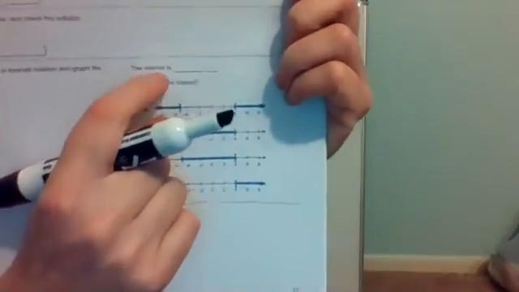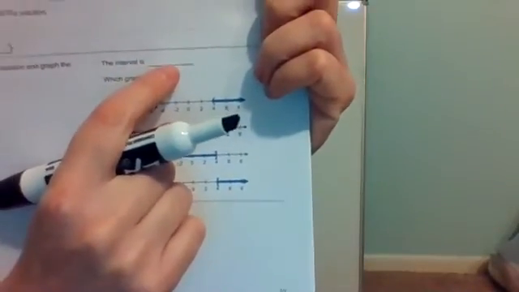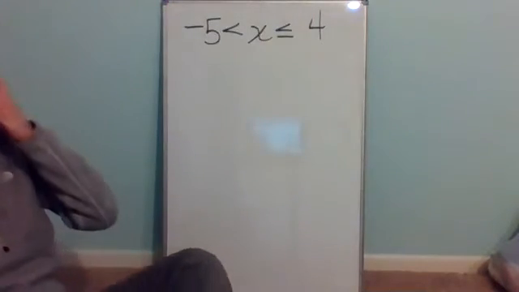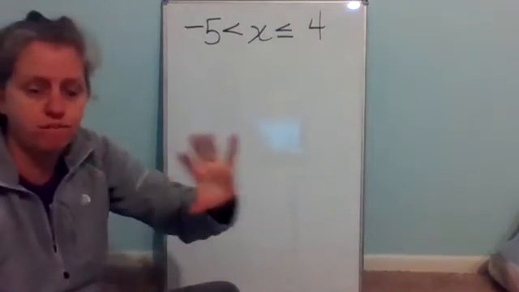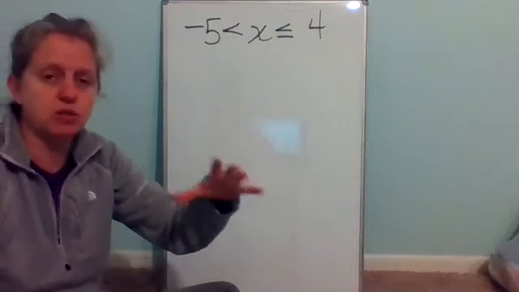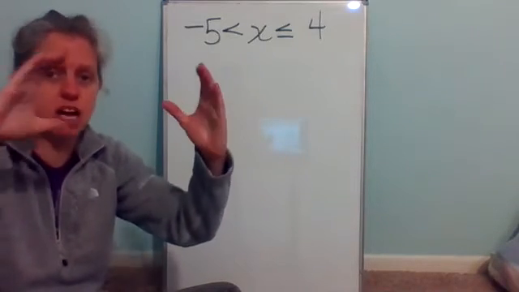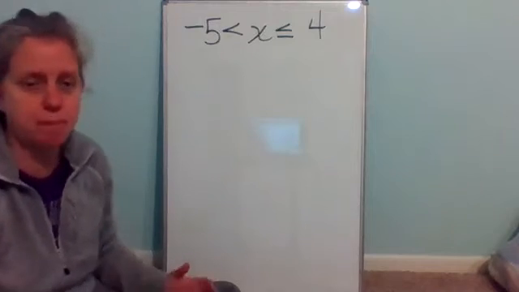Now, remember, even though it's going to ask you for the interval first and then give you the multiple choice to find the correct number line, I always draw the number line first, because once you have the number line, the interval actually just comes straight off of the number line.